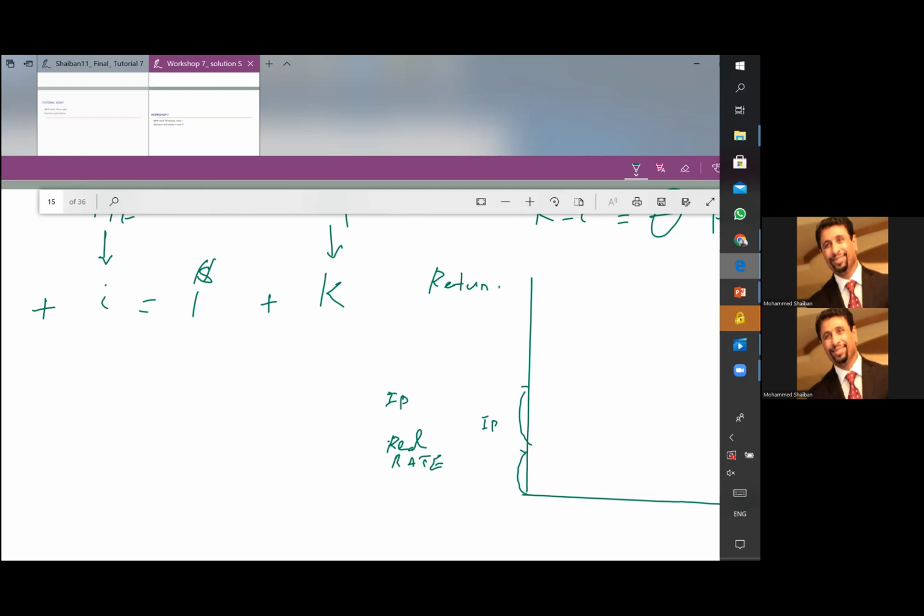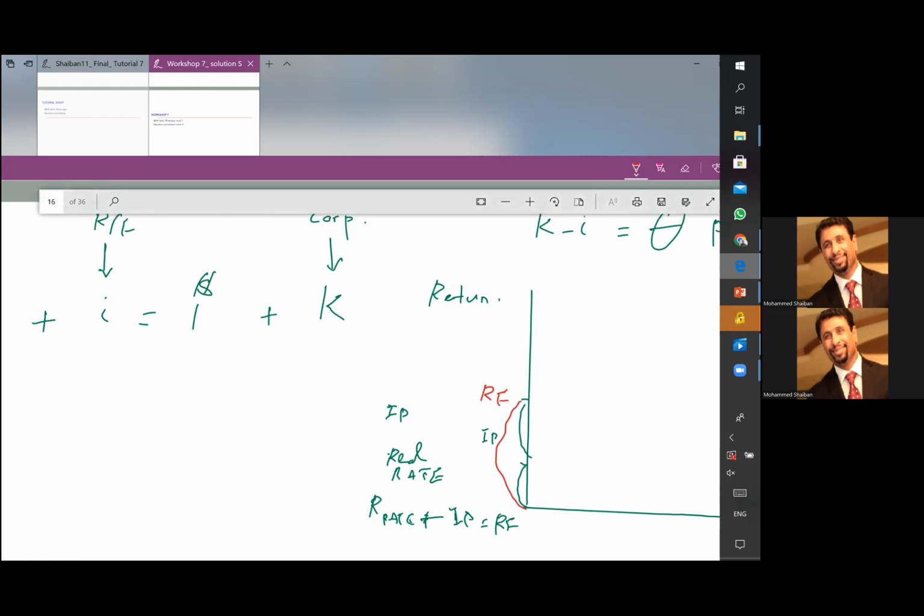And from here, we can start. So all of this, which is the real rate, plus the inflation premium, is actually the risk-free, which is here. Now, the risk-free in this case is this whole area. And from here, we start something like the risk.